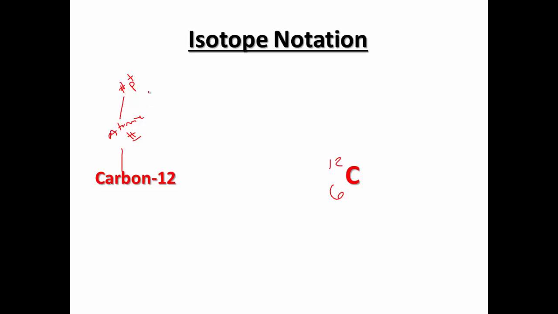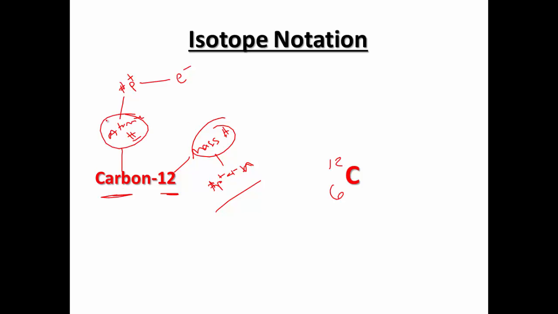And from that, if it's electrically neutral, you can figure out how many electrons there are as well. In this type of notation, this right here is called the mass number. And don't forget that mass number is number of protons plus neutrons. So this is the element, that's the mass number. And then from each of those things, you can find this. And from the element carbon, you can look up the atomic number, and it leads to the rest of that information.